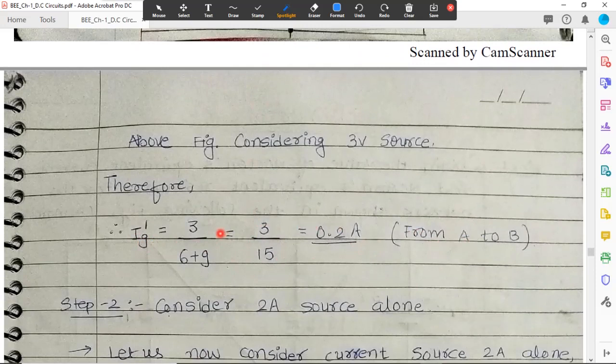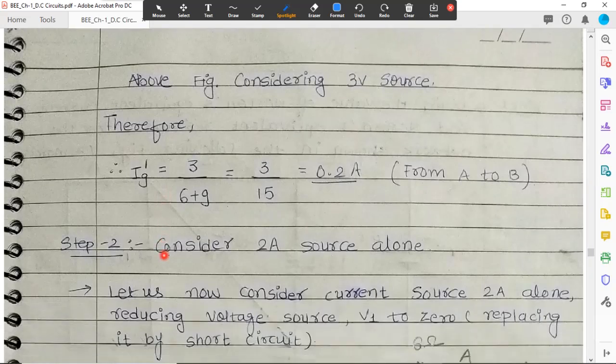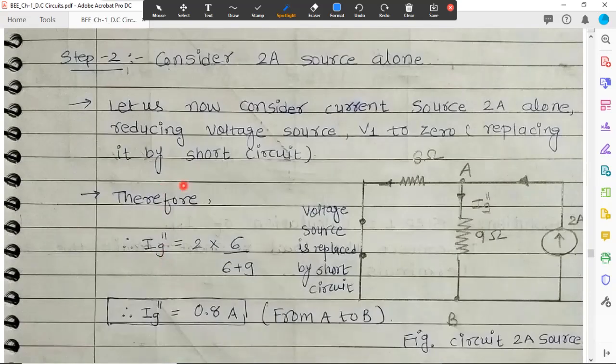Now we will consider the second source and remove the 3 volt source. Consider the 2 ampere source alone. So in this circuit, we have considered only the 2 ampere source and we have removed that voltage source. The voltage source is replaced by a short circuit, so we can short this branch. Okay, now we have to find I9 double dash.